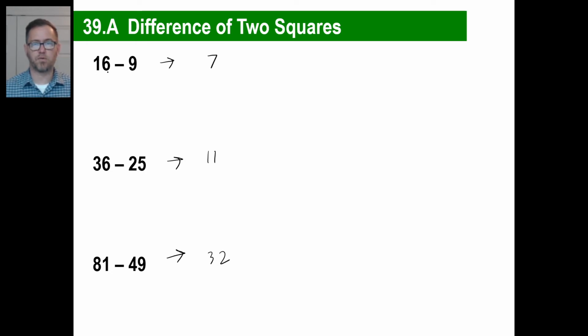We can take the square root of 16 and the square root of 9. What's the square root of 16? 4. The square root of 9 is 3. If we add those together, we get 7. And if we subtract those, we get 1. What is 7 times 1?